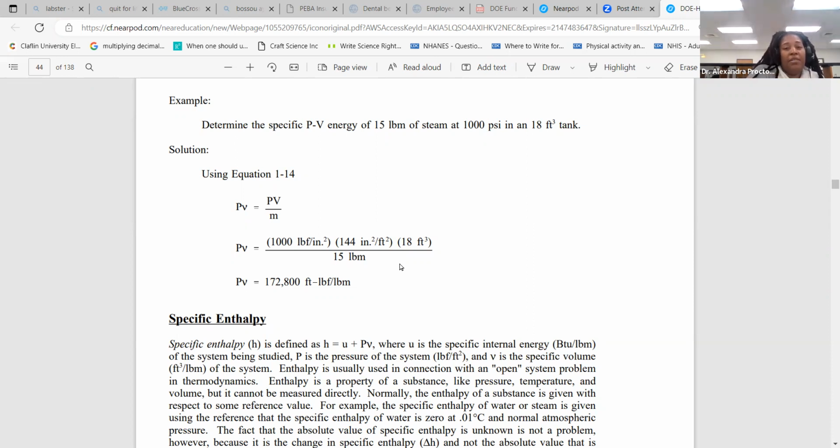Then times the 18 cubic feet, which is the volume of the tank, divided by the mass, which is 15 pounds mass of steam. Once they simplify it, the specific energy is equal to 172,800 pounds force per pounds mass.